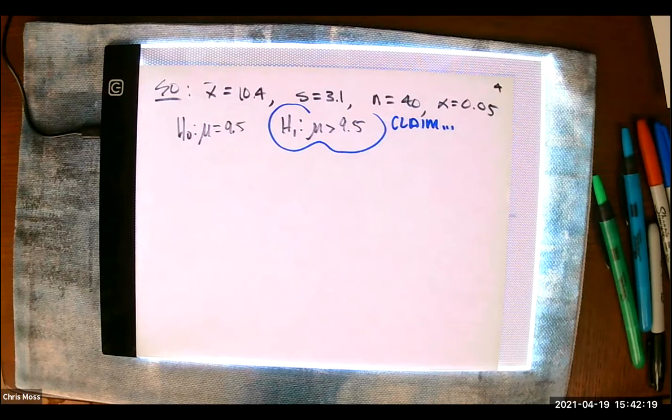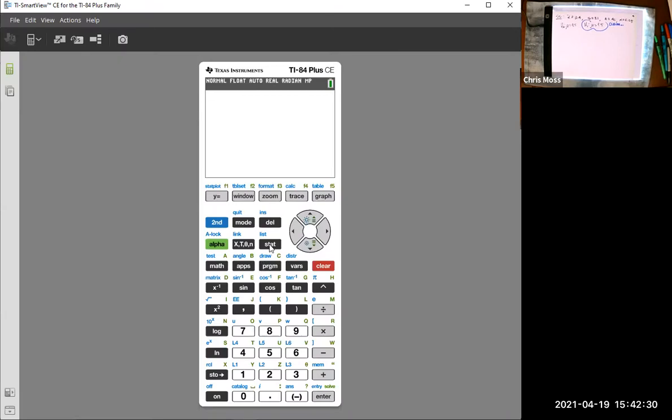Now, what I'll want to do is go ahead and share my screen. We'll take a look at this on our calculator. So step over to test. We have a t-test here. We're going to select that. I have summary statistics. The claim is that the mean is equal to 9.5, so 9.5 goes in.